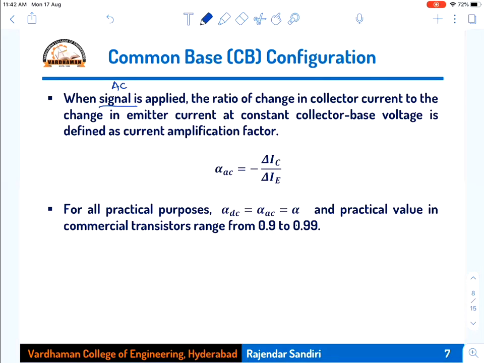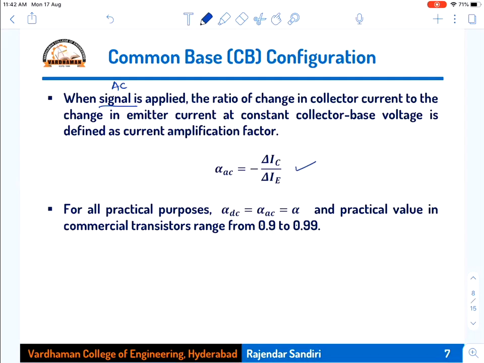But when AC is applied, the current keeps changing alternately, so the amplitudes will not be uniform at any instant of time. Therefore, we take the ratio of change in the collector current to the change in the emitter current, delta IC divided by delta IE, when the collector to base voltage is kept constant. That we call the current amplification factor, represented by alpha AC. Alpha AC is equal to minus delta IC divided by delta IE.